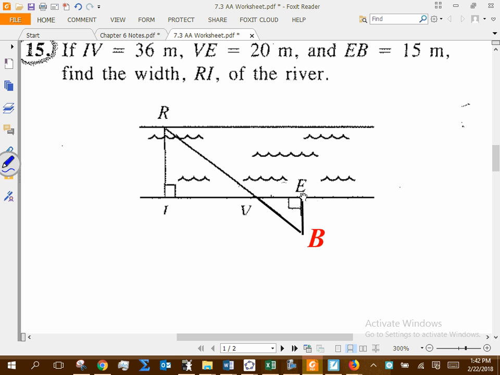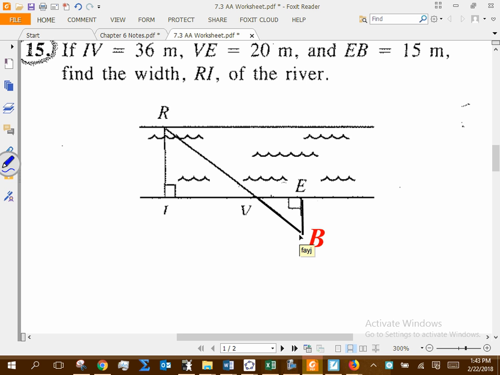When we face the river, that's going to try to get us perpendicular to it, and we're going to start walking backwards. We walk backwards until we can look at V, and right over the top of whatever that marker was, we can line it up with R. Does that make sense? That then becomes this point B that you put a marker at, and by doing that process, you create those two similar triangles.